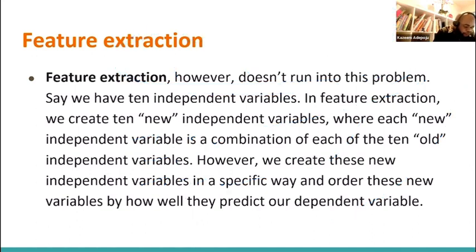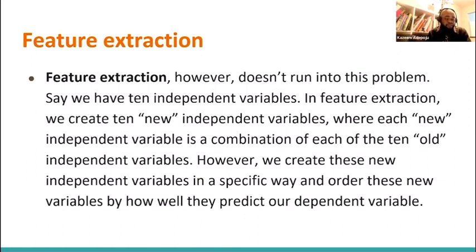And we create these new independent variables in a specific way, based on how they predict our dependent variable. So irrespective of the number of independent variables that you have, if they correlate, using the idea of principal component analysis, we're going to create a new set of variables. Each of the new variables will still be a linear combination of the old ones.